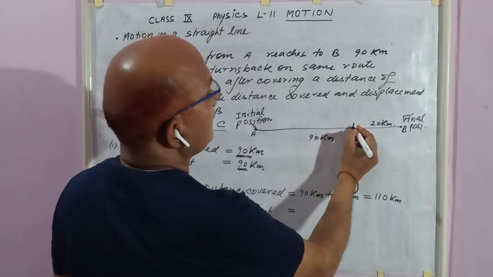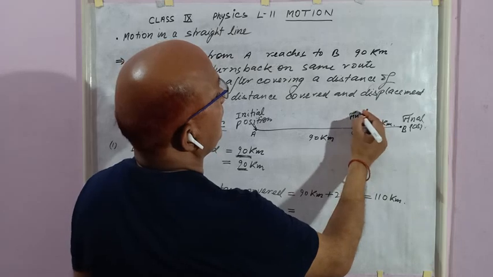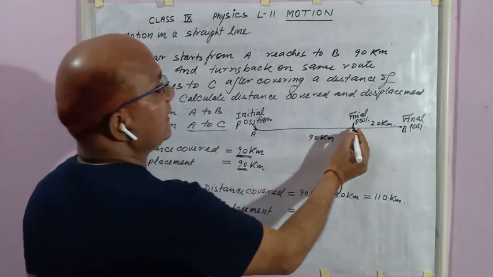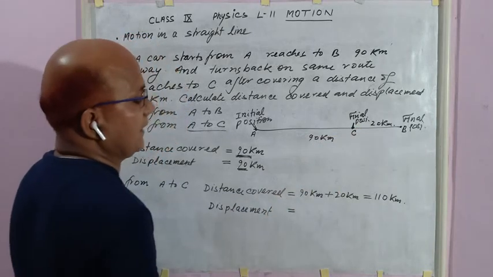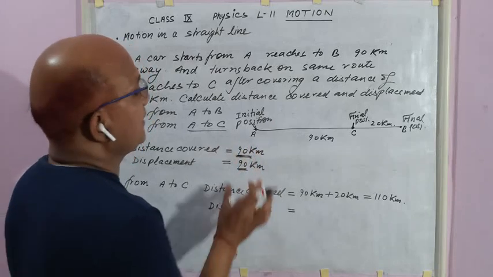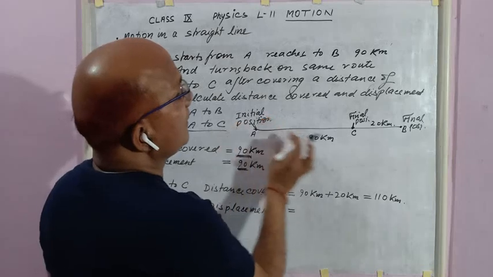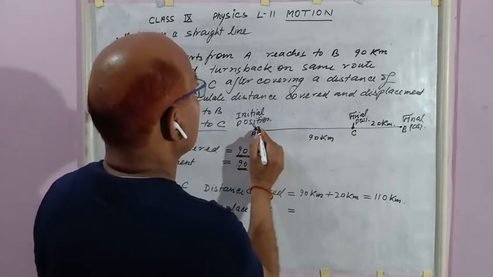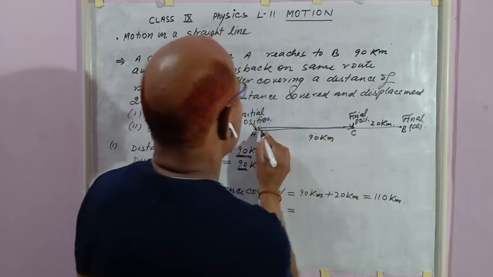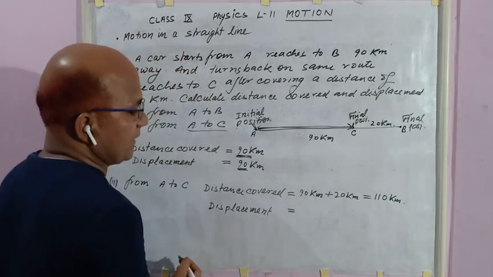It is C. So C will be the final position of the car. As you know, displacement means shortest distance between initial position and final position. So this value, which is from A to C, will give you the result.